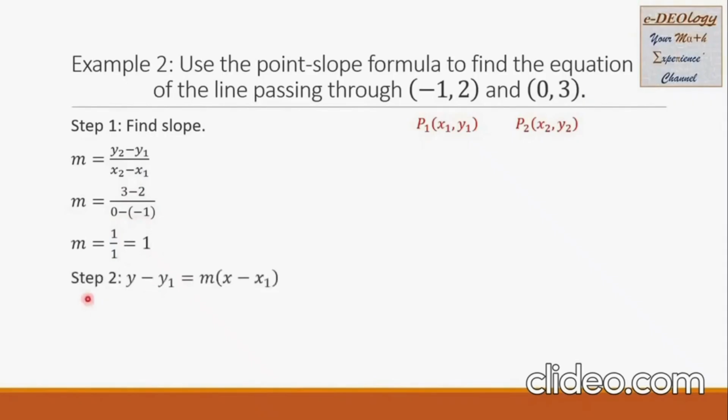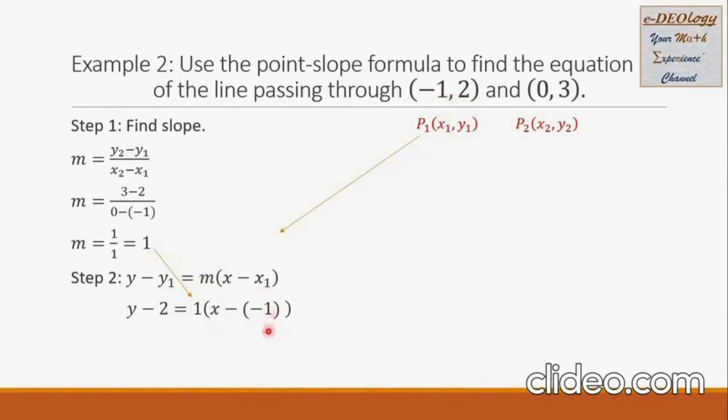For our step 2, we will now use the point slope formula. We will substitute the value of the slope m in the formula and use the P sub 1 ordered pair. So we have now y minus y sub 1, it becomes 2, equals m, the slope that we got from step 1, now substituted here, times the quantity x minus the x sub 1, which is negative 1.